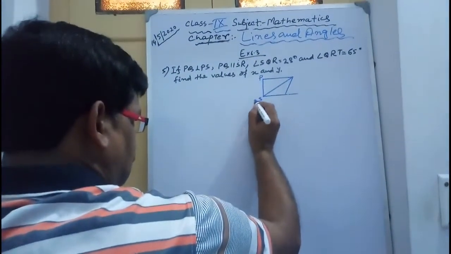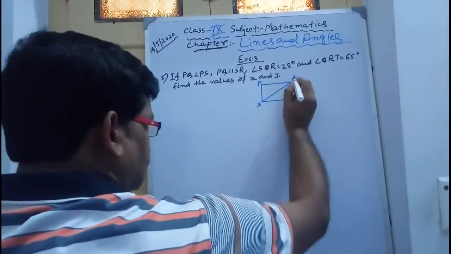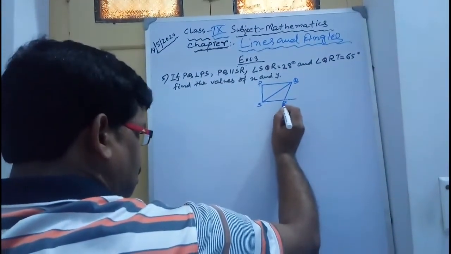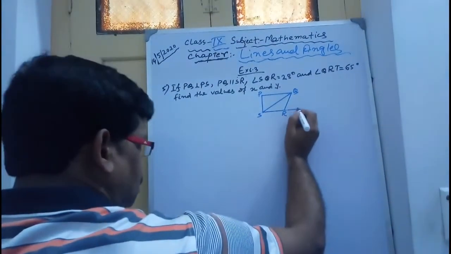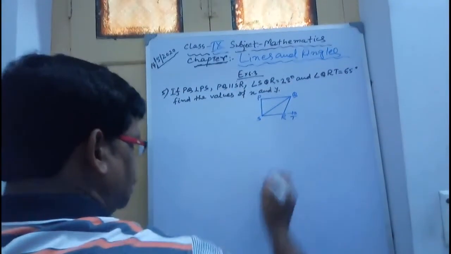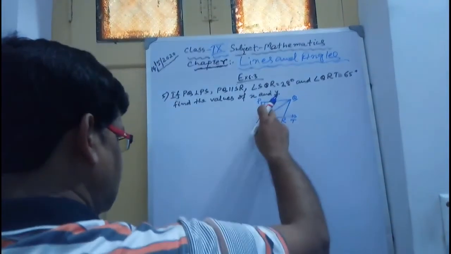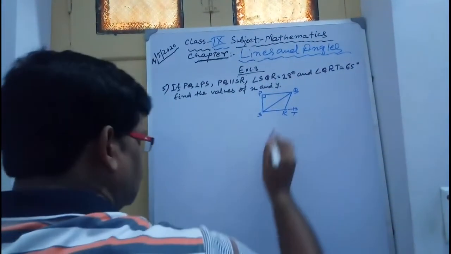P, S, Q, R, T. This one is perpendicular, that's why the angle is 90 degrees.